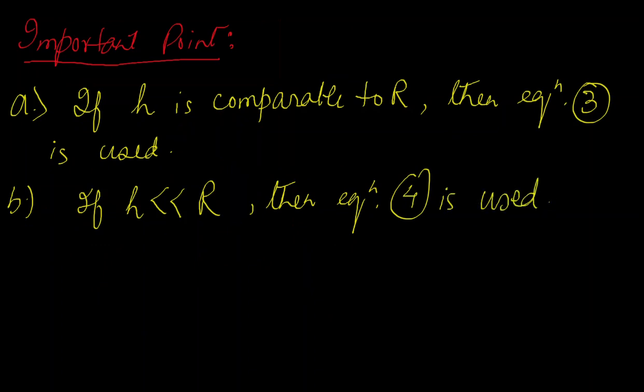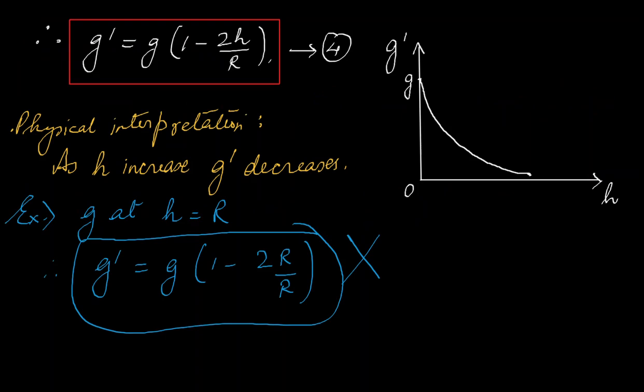So what is wrong with this example here? We cannot use this one. So let us use g dash is equal to g into 1 plus h by r.